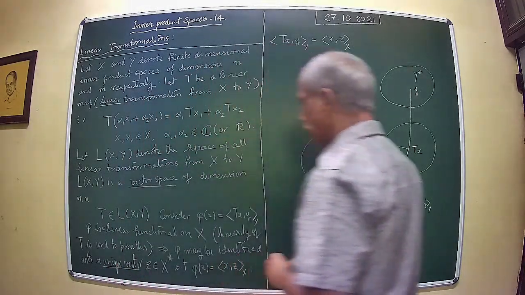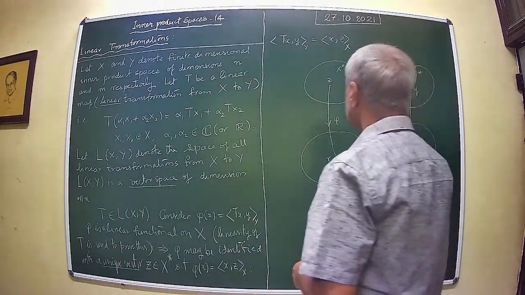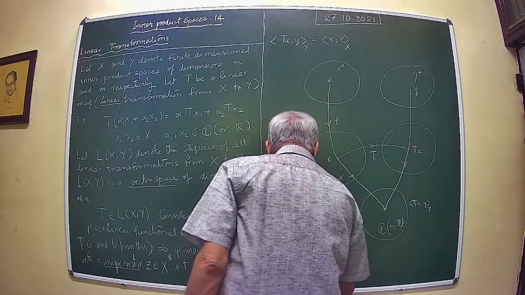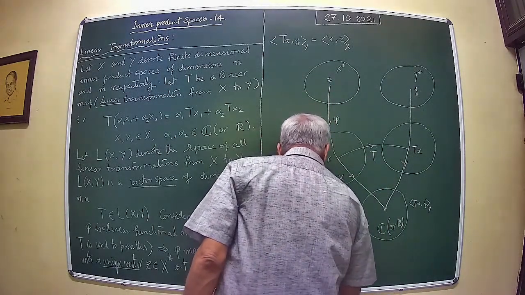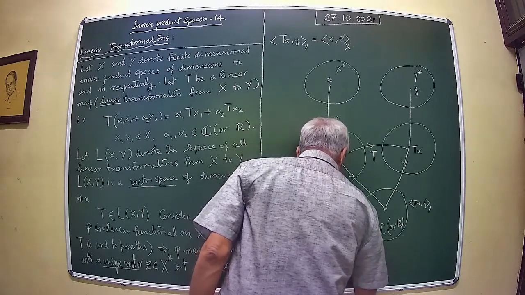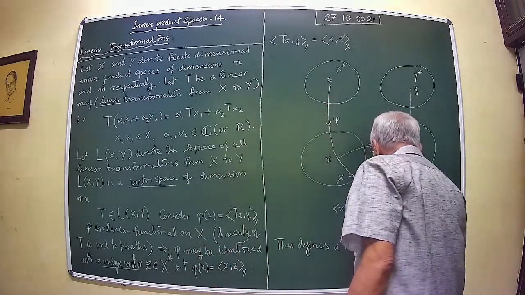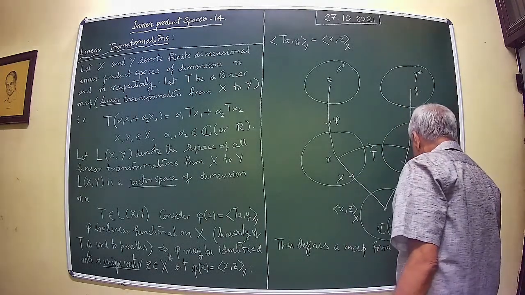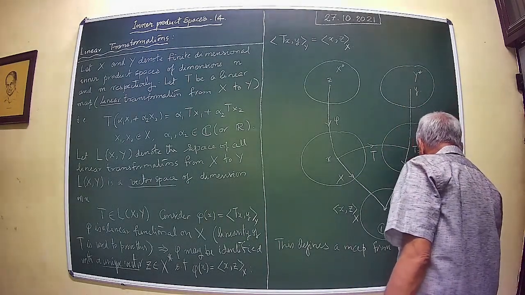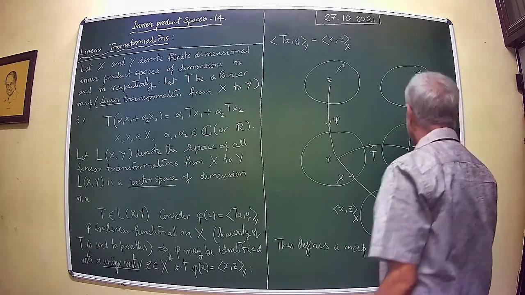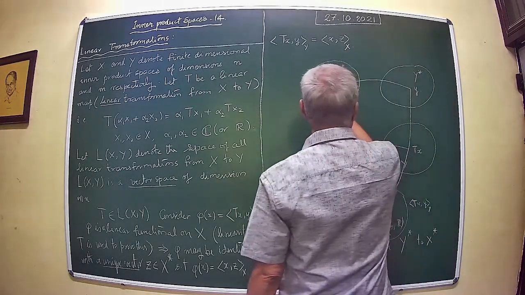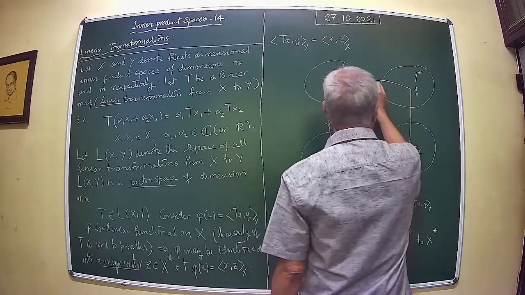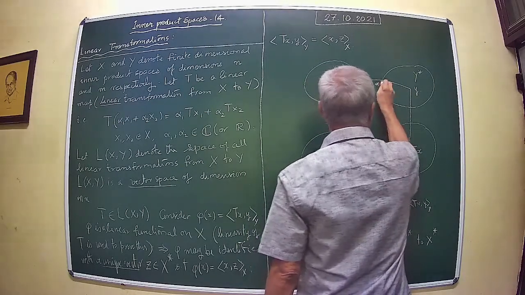Therefore, it defines a map from Y to X. Let us denote this by T star.